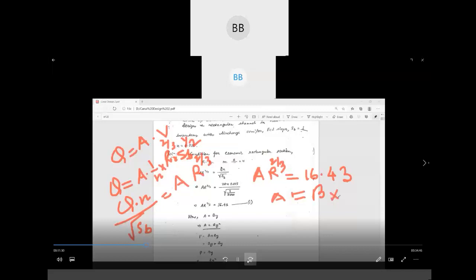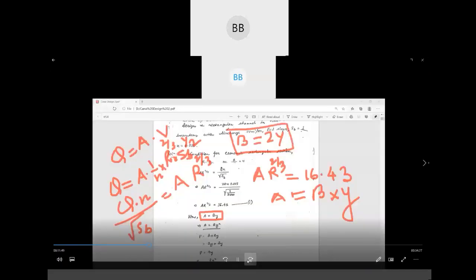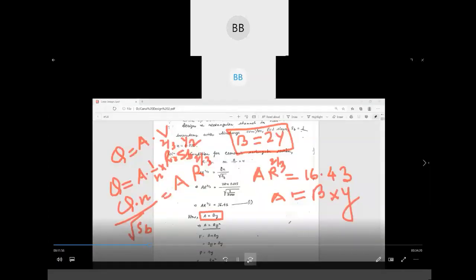Width of the channel multiplied by depth of flow. But we have that expression B is equal to twice Y from the economic channel condition. Okay, this is your economic condition for a rectangular channel. So if you apply this in place of B, you can write twice Y, so the area will be twice Y square.